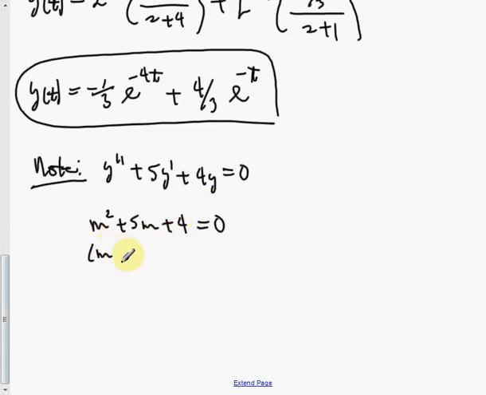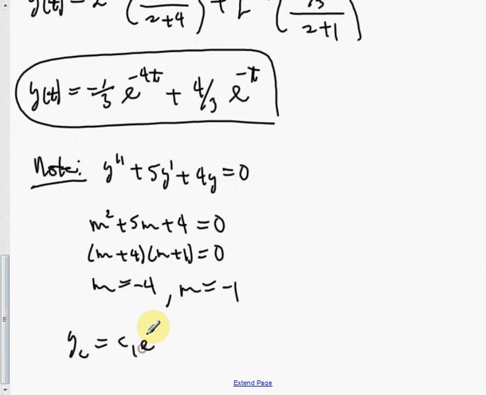If you can factor, let's factor. M plus 4 times m plus 1 is equal to 0. So you get m equal to negative 4. See that negative 4t there. And then m equals negative 1. That negative t right there. So y sub c is c sub 1 times e to the negative 4t plus c sub 2 times e to the negative t. You see how the Laplace transform is also solving the problem with the initial conditions?